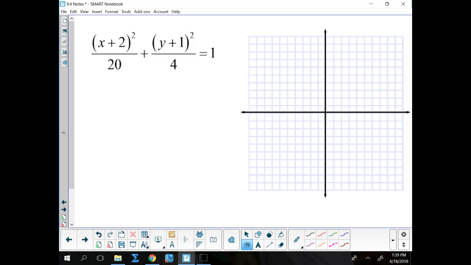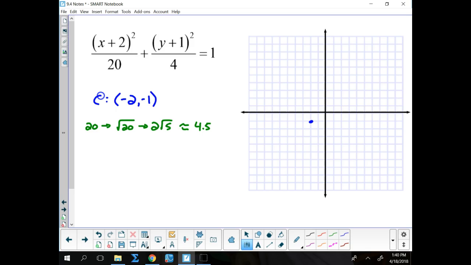Try that one. All right, this one, center. Do we agree negative 2 comma negative 1? Okay. Left and right. I get left and right 4.5.